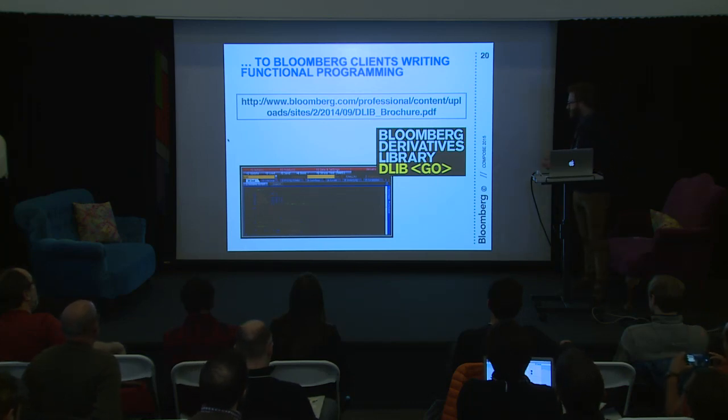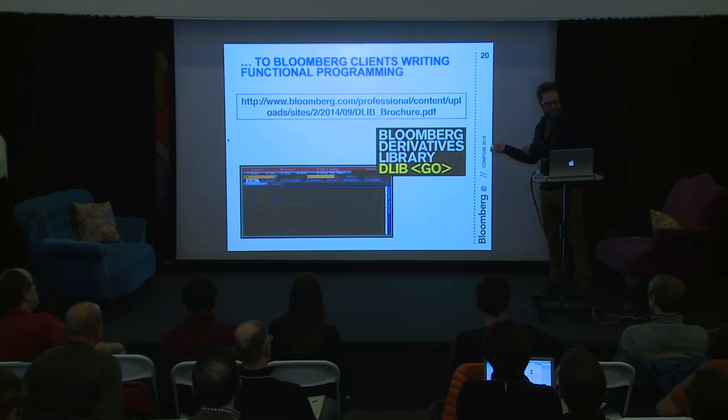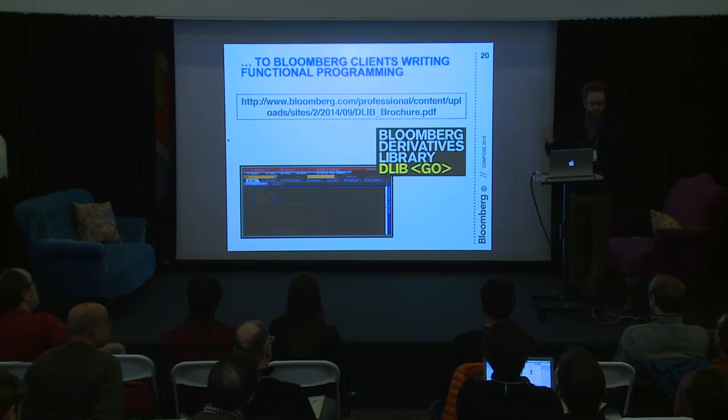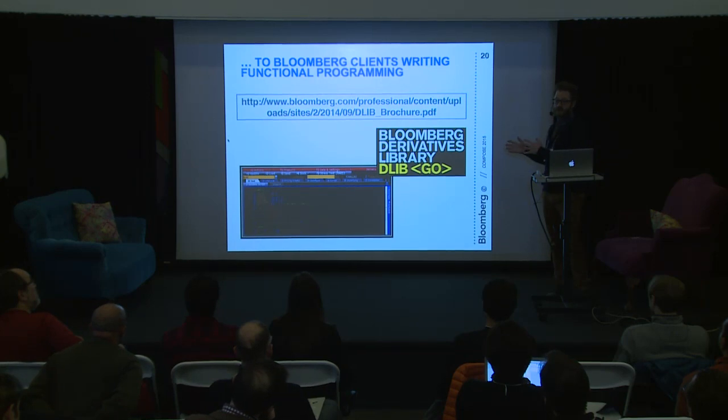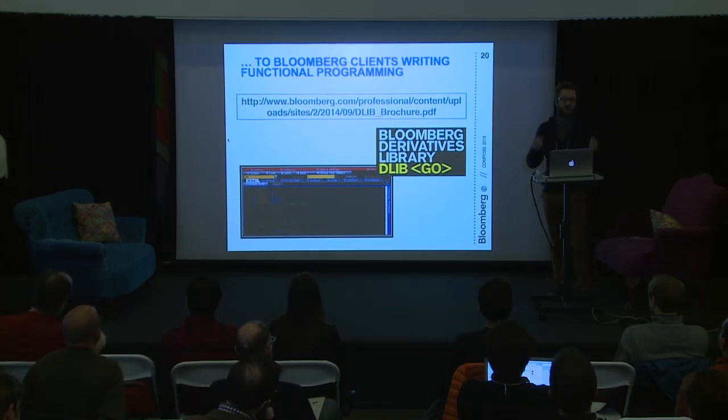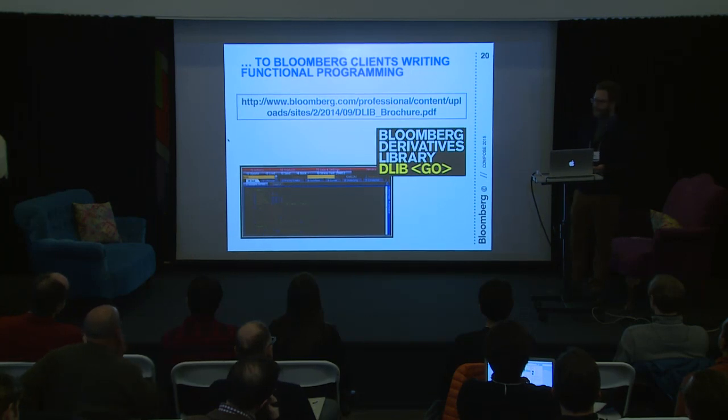And what we have there is that now we expose to the Bloomberg terminal clients a functional language, because this is itself a functional language. It doesn't have a type system, but it is purely functional, with first-class values, no side effects. And we now have terminal users who have never had any computer science background that are actually writing functional programs to define their contract.